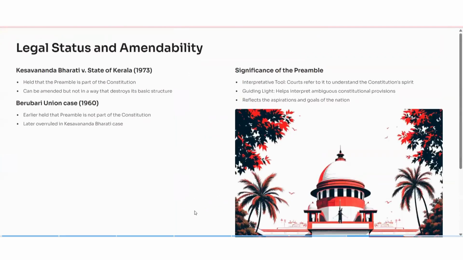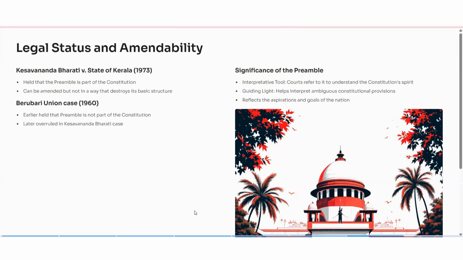Legal status and amendability. When it comes to whether the preamble can be amended, it has been amended. In Kesavananda Bharati versus the State of Kerala, the Supreme Court held that the preamble is part of the Indian Constitution and can be amended, but not in a way that destroys its basic structure.